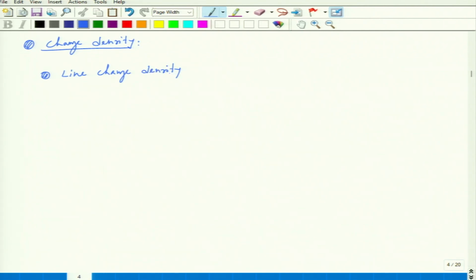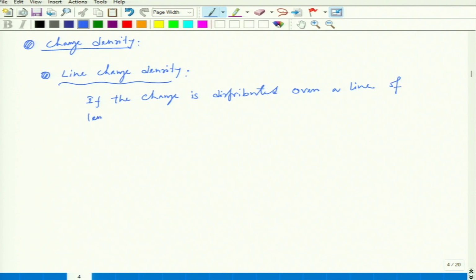If the charge is distributed over a line of length L, then we define a linear charge density lambda.